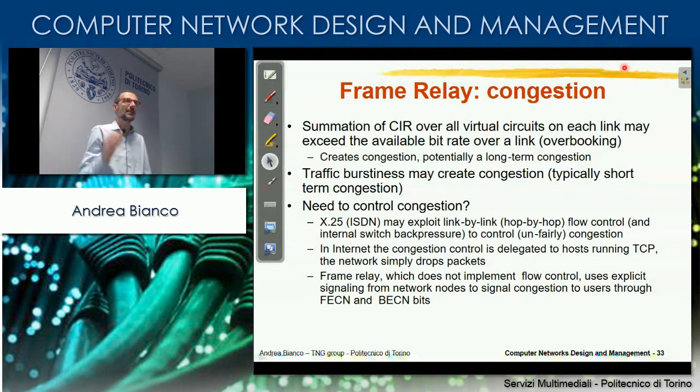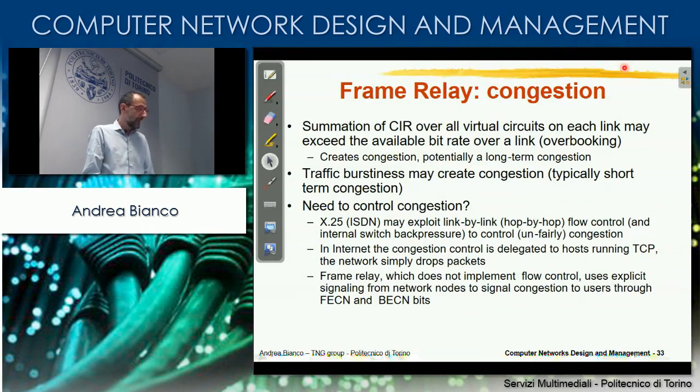So in frame relay, you cannot accept saying that I don't care about congestion, the only thing that I do is drop packets, and then it's the task of the user to manage that. This is not acceptable, because the network quality of service model was bitrate guaranteed, and if you guarantee the bitrate, congestion should be avoided. If not, it's your problem.